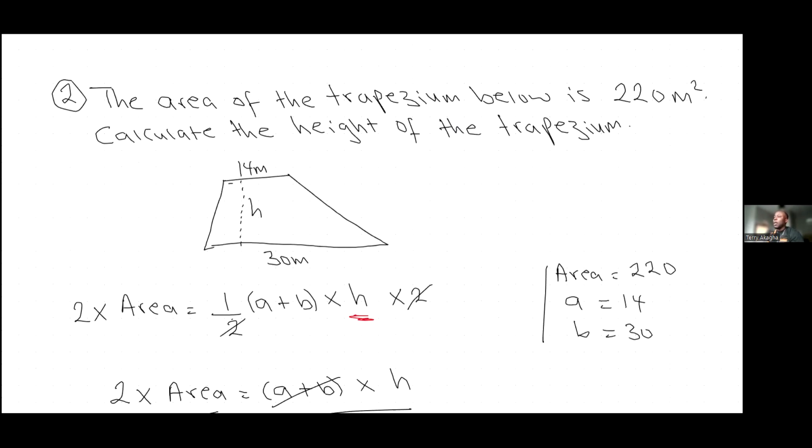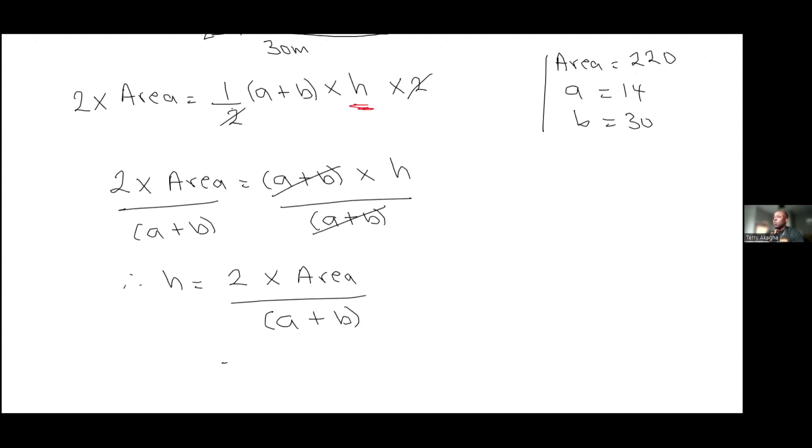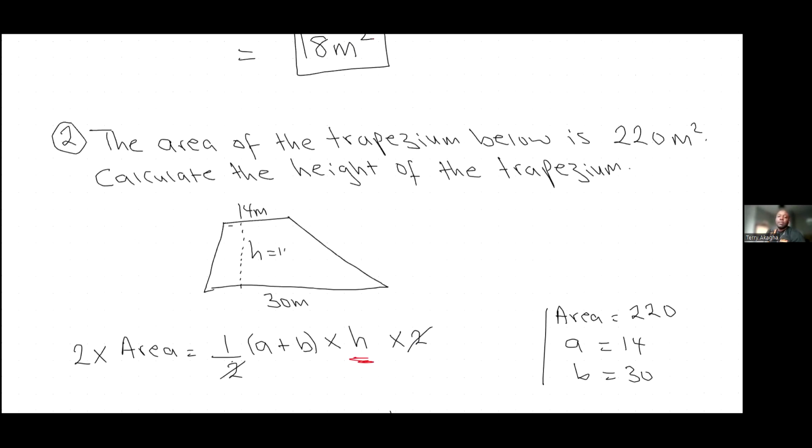So we can now apply that: 2 multiplied by the area, 220, divided by 14 plus 30. When you press this into your calculator, this is going to give you 10 meters. So the height is equal to 10 meters. All right, so that is that for that.